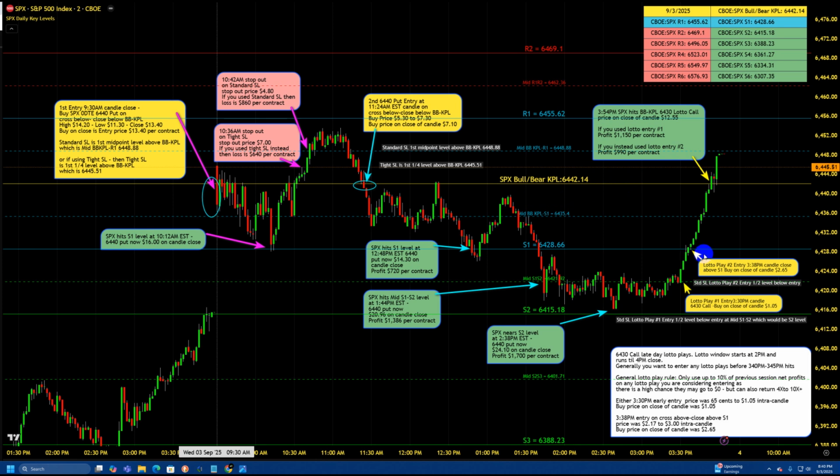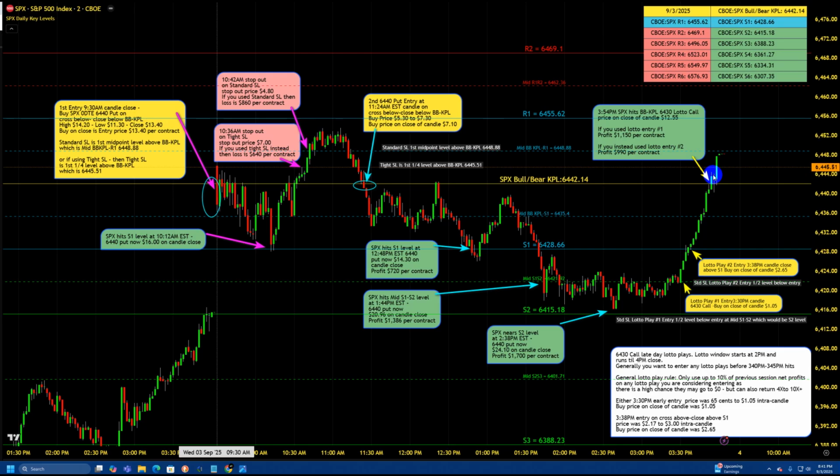So here on this close above here at 3:38 p.m., again it would be the 64.30 call, and at this point the 64.30 call was $2.65 on the close of this candle here at 3:38 p.m.